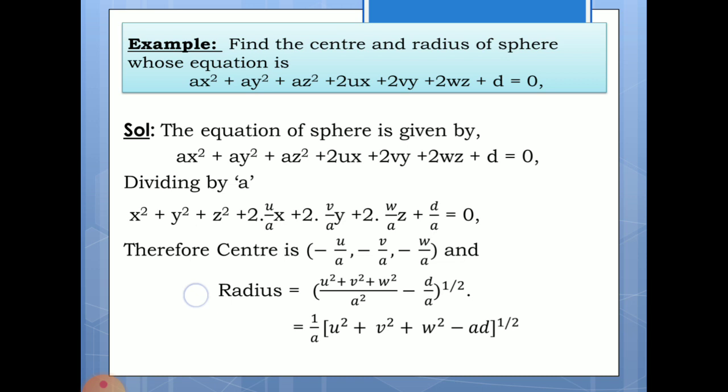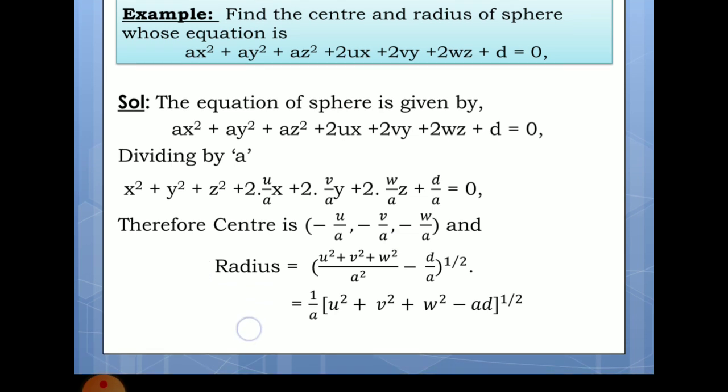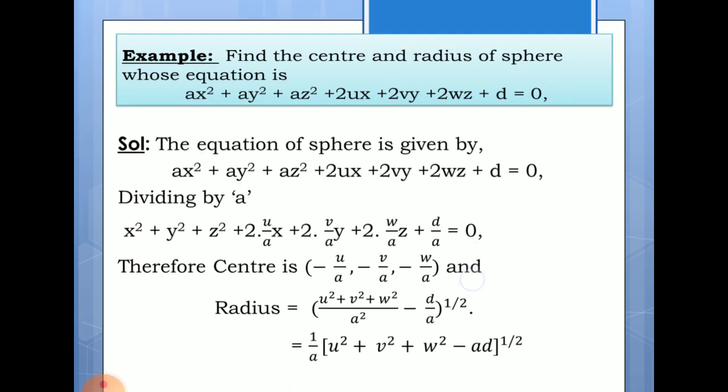At the time of solving the problem, we shall convert the equation into the form such that the coefficient of x² + y² + z² is unity, that is 1, and therefore in such cases the center of the sphere is given, as a is 1, as (−u, −v, −w), and the radius becomes the square root of u² + v² + w² − d.